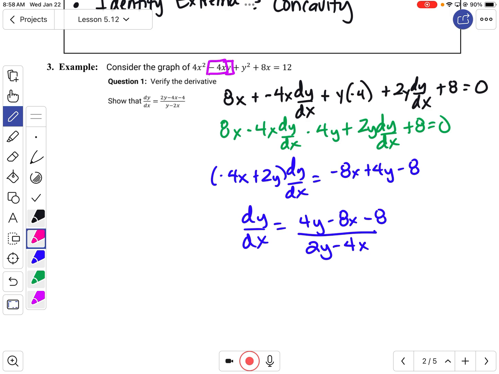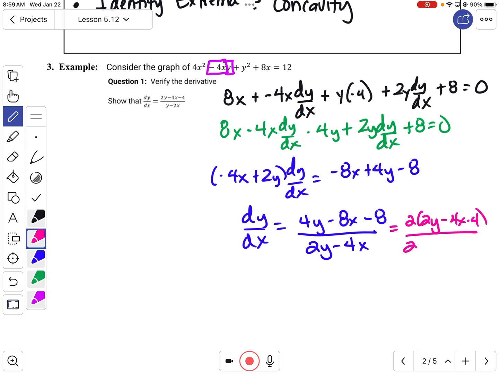And when you're showing all the steps, they want you to show what you did. So on the top, I would factor out a 4. Can we do that? Or a 2? A 2. Yeah, looking at what we've got left, we'd factor out a 2. And that would leave me with 2y minus 4x minus 4.